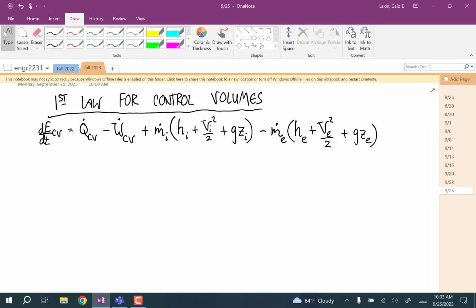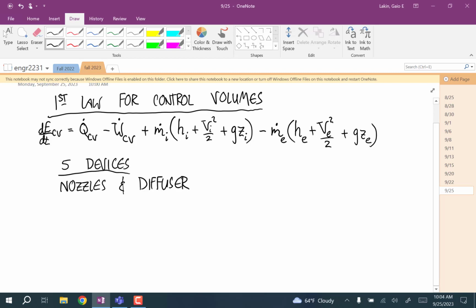All right. So we're going to do this for 5 main devices right now. Those are nozzles and diffusers. Those naturally go together because they're exactly opposite devices. Then turbines, and then compressors and pumps.